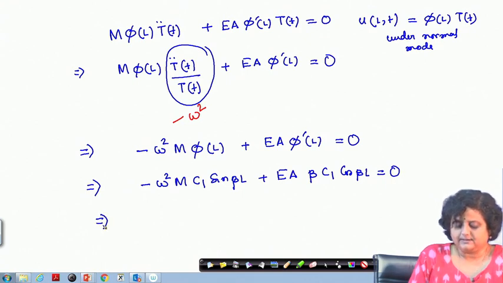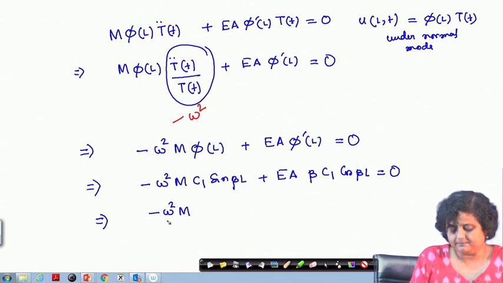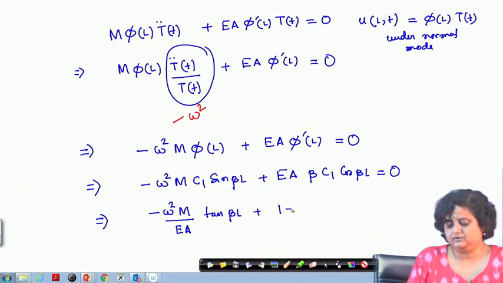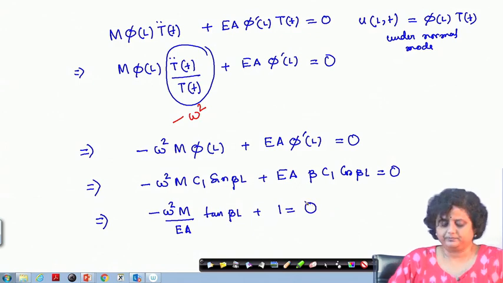So, this can actually be written as minus omega square m by E a into tan beta L plus 1 is equal to 0.